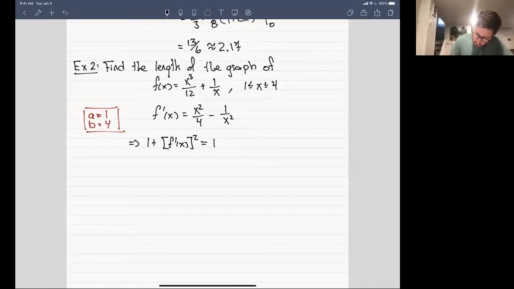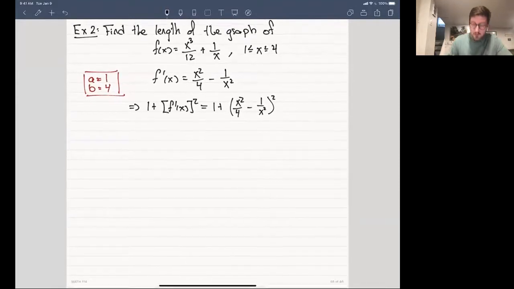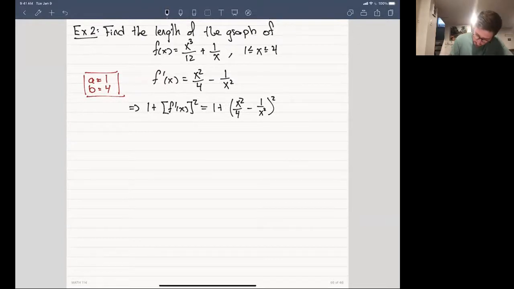But this gives 1 plus, so let's just write down what we have, just so that everything is all in one place. So now I get 1 plus, and so here we get x to the 4 over 16 minus 1/2. The x squared on the top is going to cancel with the x squared on the bottom.